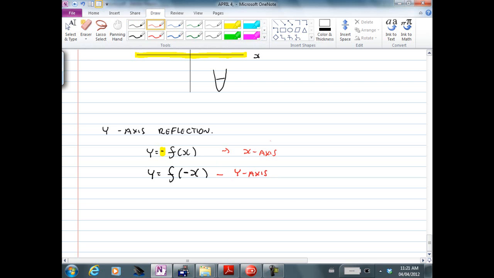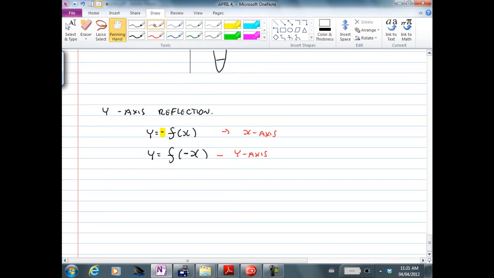And the key about the y-axis reflection is that it only affects the x-coordinate.